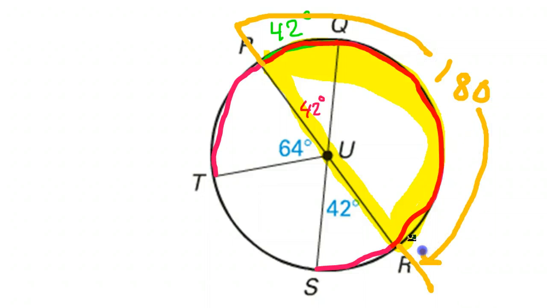Agreed? Semicircle. So, with that in mind, remember the pink here is the whole arc that we're trying to do. So how much extra are we adding on by doing this and this? The yellow part is 180 degrees, plus this extra green part will get us the rest of the pink arc. So it's 180 degrees plus 64 plus 42.